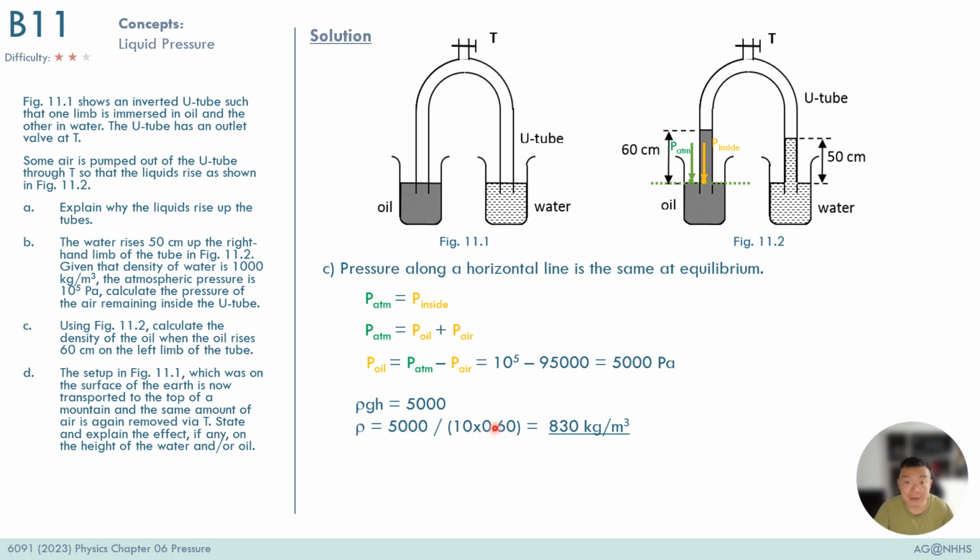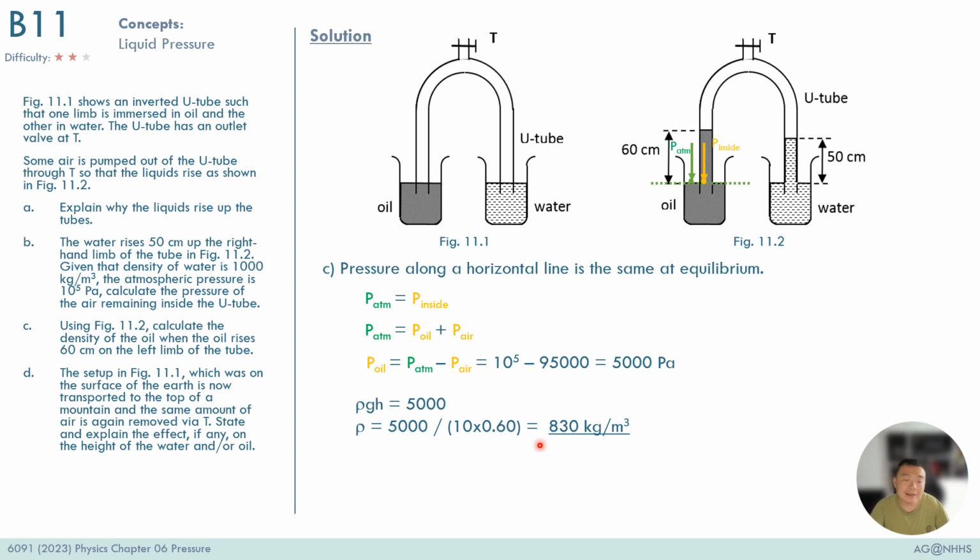Remember to convert it to SI units, which is 0.60 meters. The gravitational acceleration value is given as 10, and we can then work out that the density of the oil is 830 kilograms per meter cube.